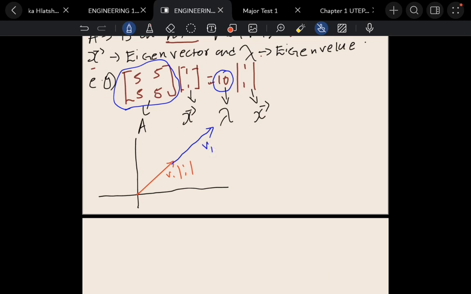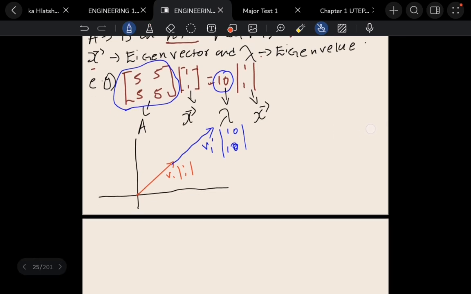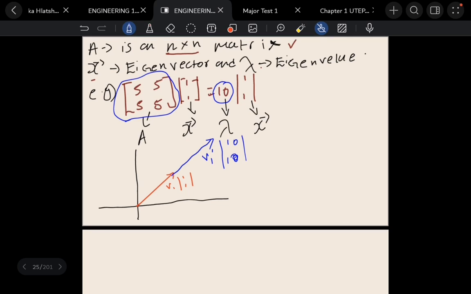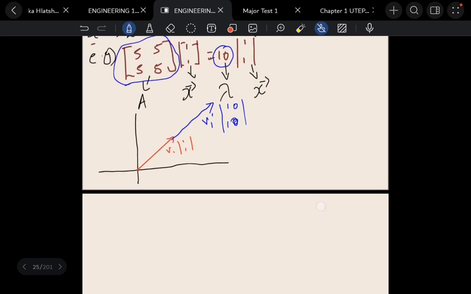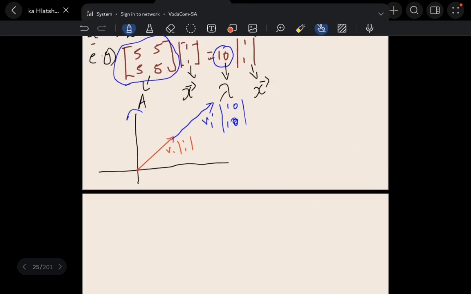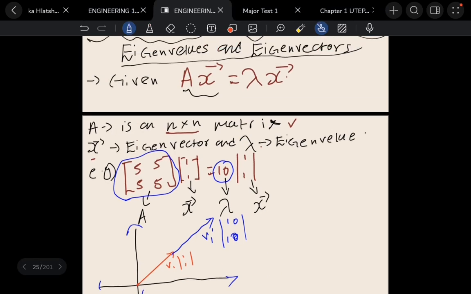So v1 prime is the same vector, it's just now elongated, it's going to be 10 10. So you need to understand that eigenvectors and eigenvalues, this is what it does in a particular matrix, right?